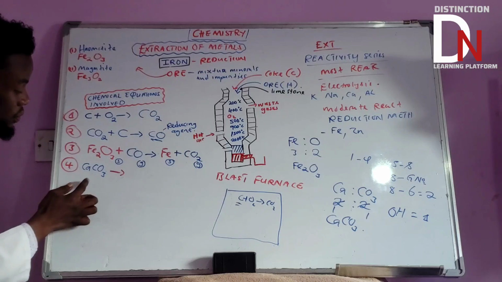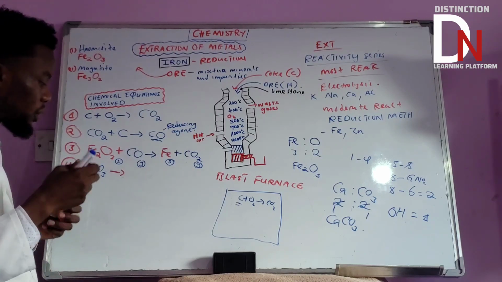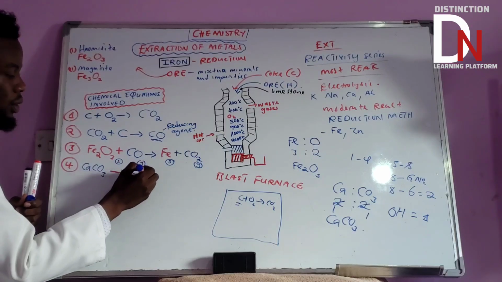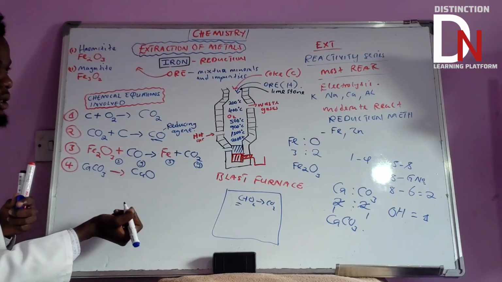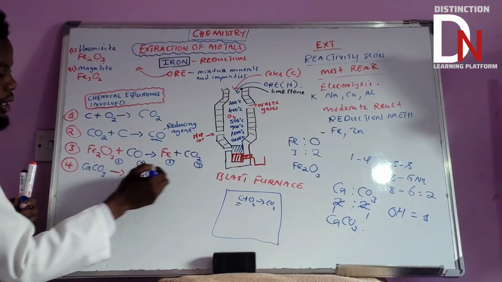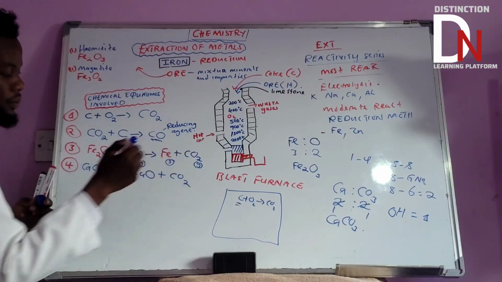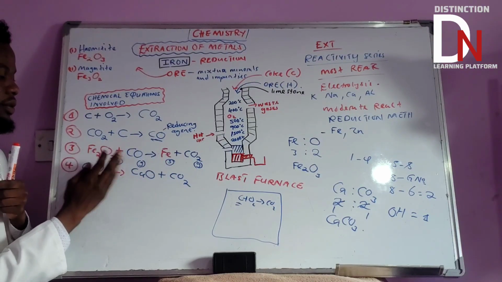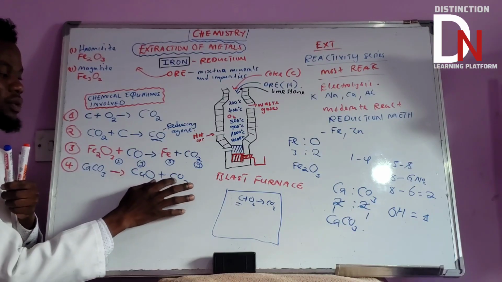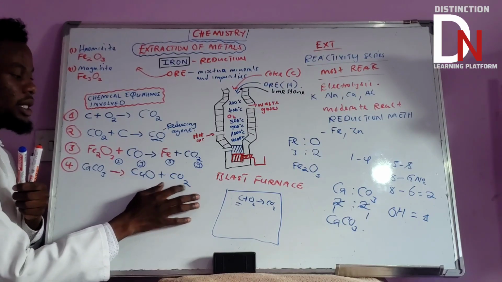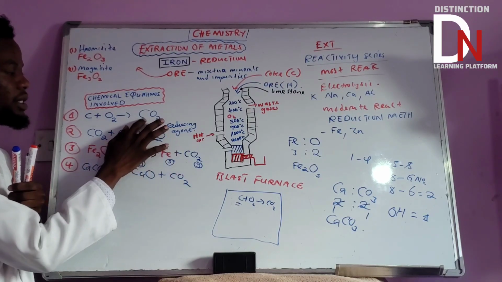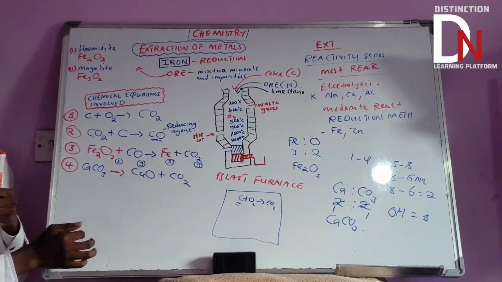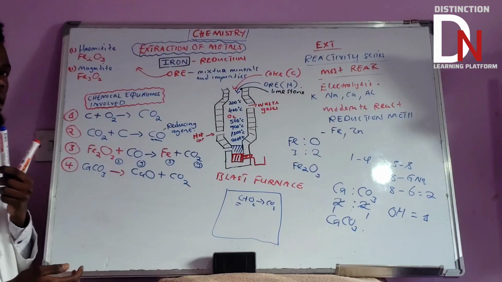What are you going to form here? If calcium carbonate breaks, you're going to form calcium oxide plus carbon dioxide. This carbon dioxide can be used in the chemical equation up to the formation of iron, so it can be used in other reactions.